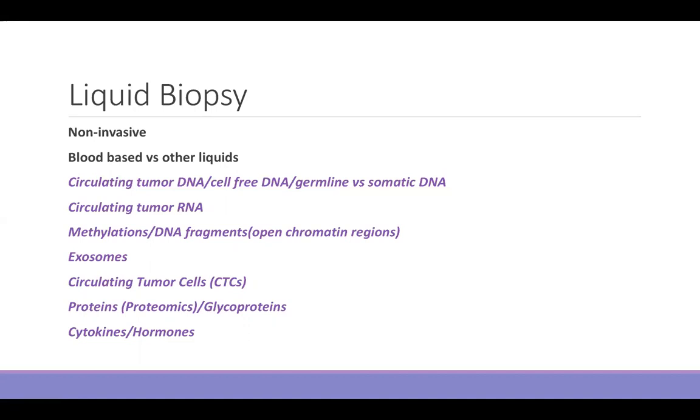Methylation, open chromatin regions: when the DNA coils around chromatin, but when it opens, that's the area where the transcription happens. So DNA gets fragmented by enzymes, but measuring the size of fragments is called fragmentomics.